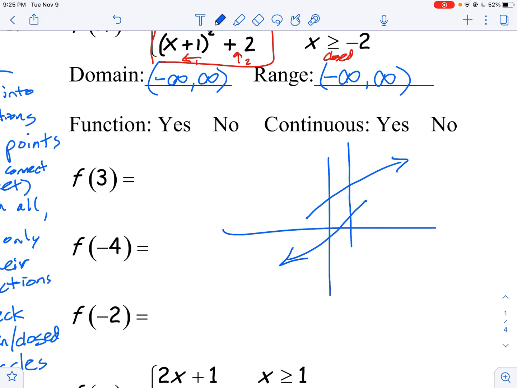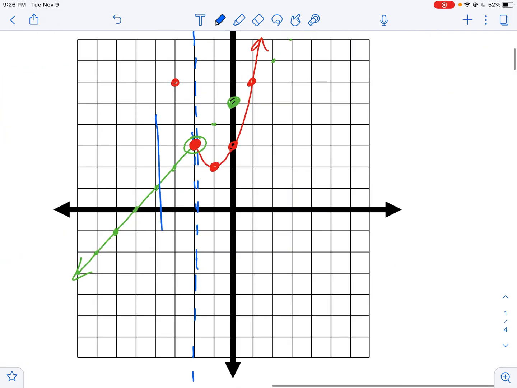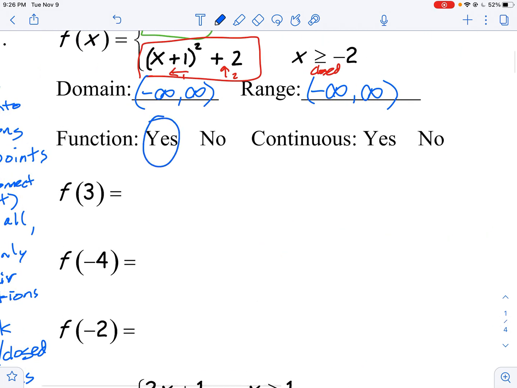If I were to look at this x value here, there's actually two different y values. Say it's 1 and 4. That'd be two y values for a single x, and that would mean it's not a function anymore. This one, if you look at any old x value, there's only one y value that goes with it, and so this is a function.